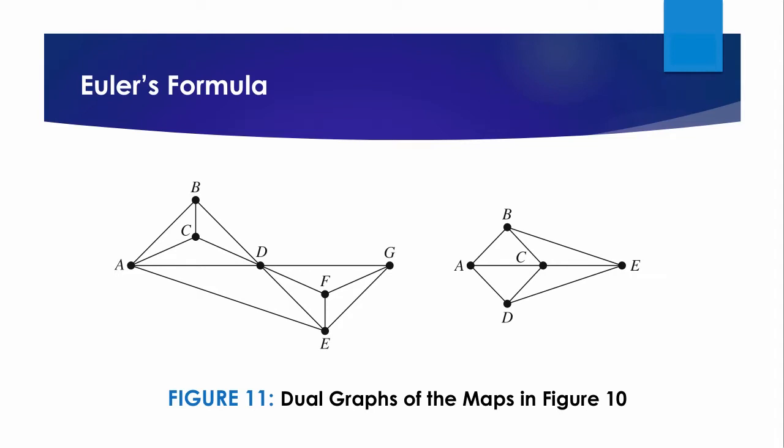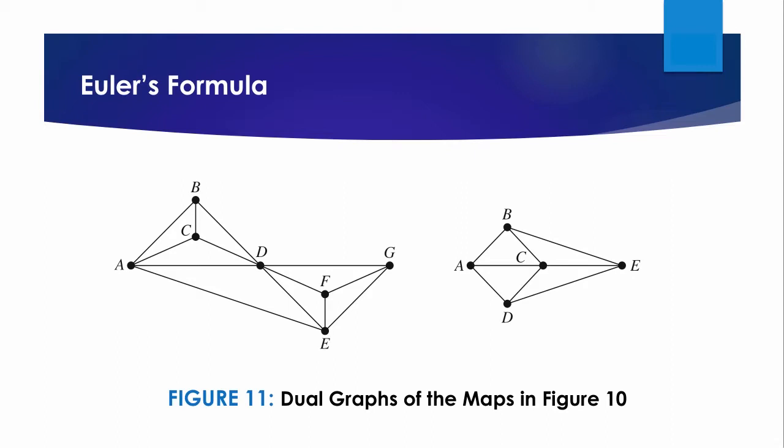The resulting graph is called the dual graph of the map. By the way in which dual graphs of maps are constructed, it is clear that any map in the plane has a planar dual graph. Figure 11 displays the dual graphs that correspond to the maps shown in Figure 10.